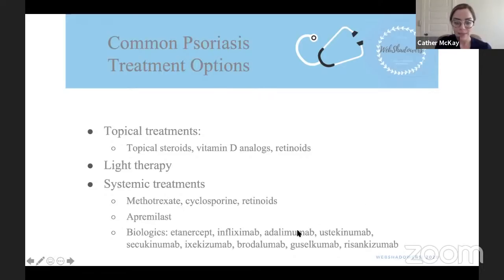Etanercept, infliximab, and adalimumab are TNF alpha inhibitors, and those have been around the longest. Ustekinumab targets IL-12 and 23. Secukinumab, ixekizumab, and brodalumab target IL-17. Guselkumab and risankizumab target IL-23. So they are all in that pathway. We have a lot of good options, which we're fortunate to have.